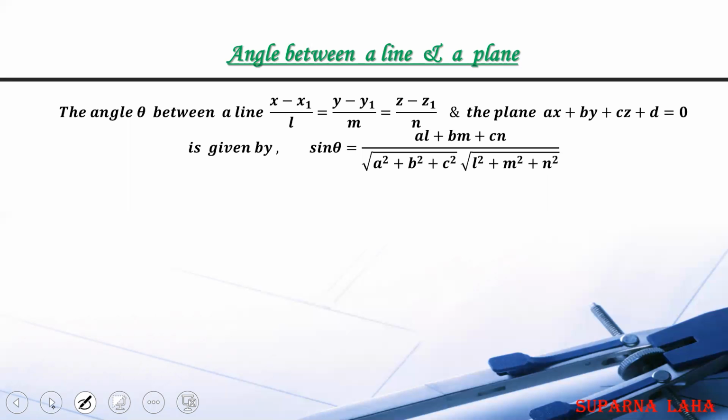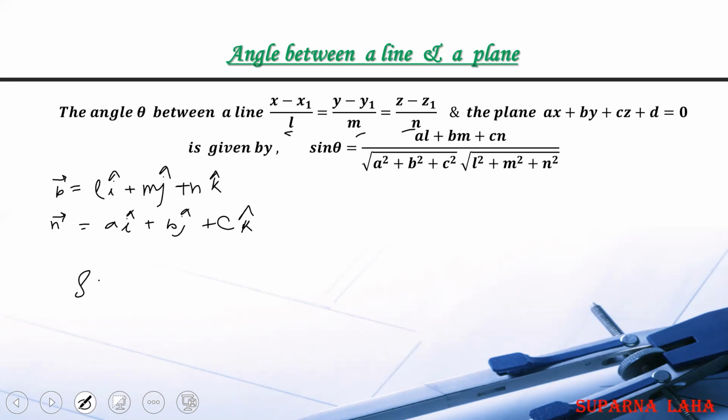Now what is the vector equation? The line is parallel to this direction ratio. If we compare this equation with the vector form, vector b will be l i cap plus m j cap plus n k cap, and the vector n is a i cap plus b j cap plus c k cap.